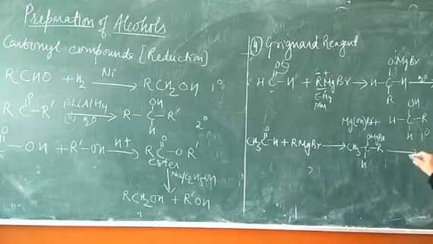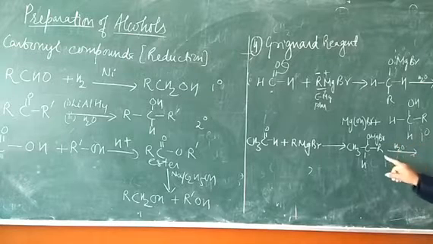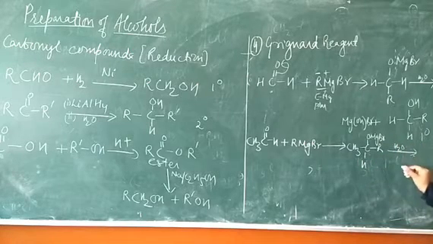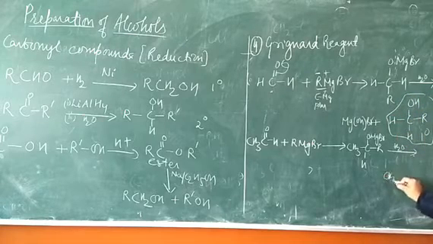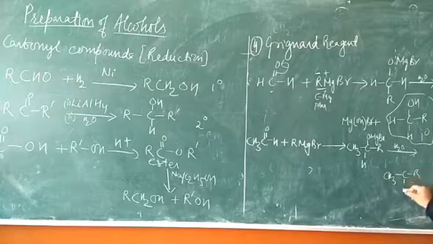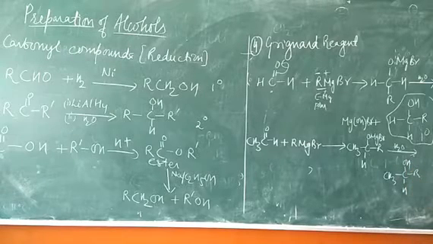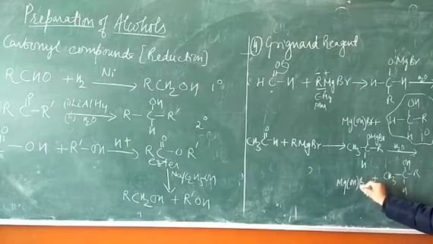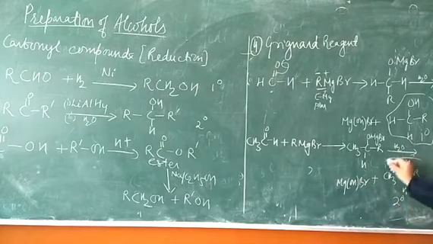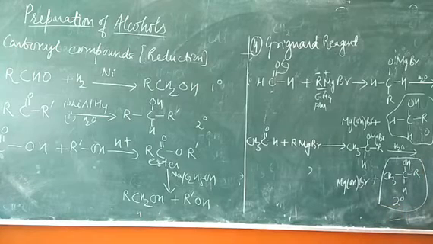The second step is hydrolysis, and the product formed is CH3-CH(R)-OH plus magnesium hydroxybromide. You can see that it is a secondary alcohol. So if we use any aldehyde other than formaldehyde, we will get a secondary alcohol.